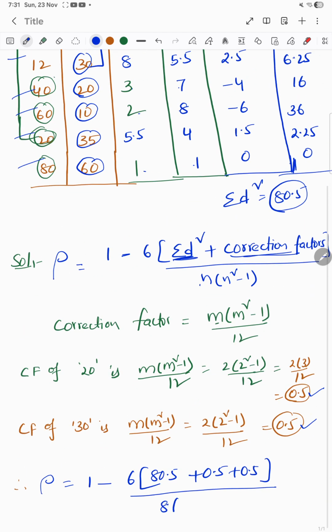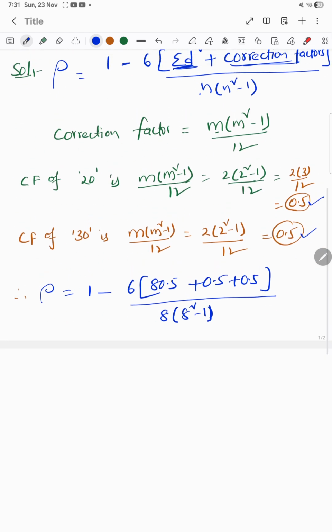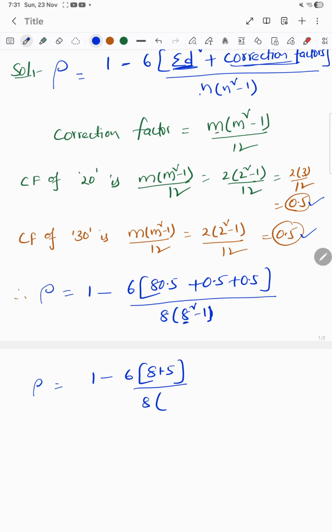So rho is equal to 1 minus 6 into 81.5 divided by 8 into 8 square minus 1, that is 8 into 64 minus 1, 63.